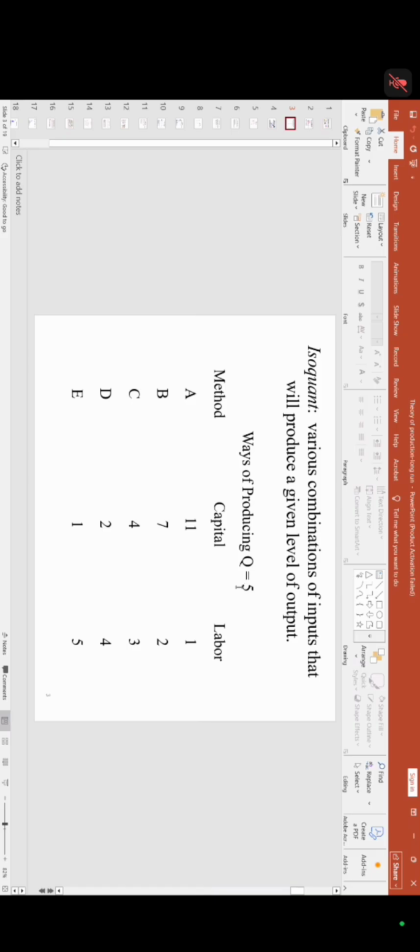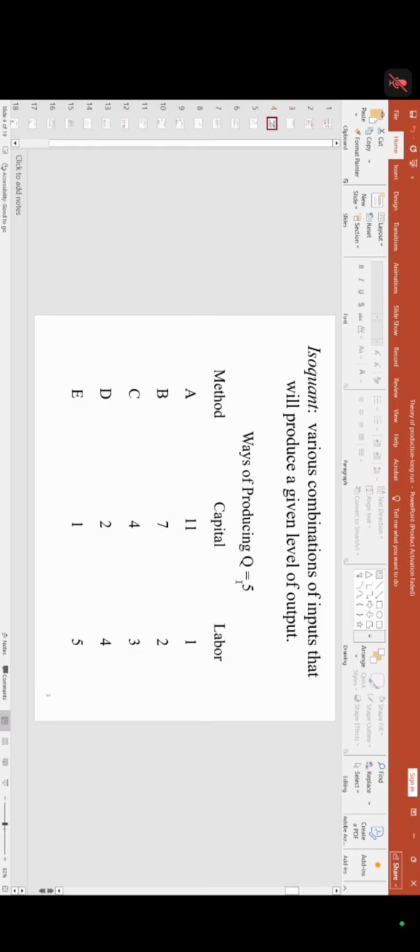So here, to make 5, they are going to use a different kind of method. So at last they are going to use 1 capital and 5 labor to produce 5. So likewise they have to determine what kind of method we are using, what kind of combinations of input we are using to produce the level of output.